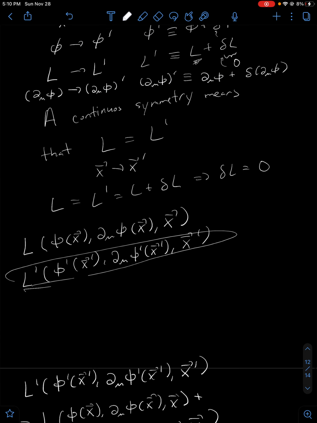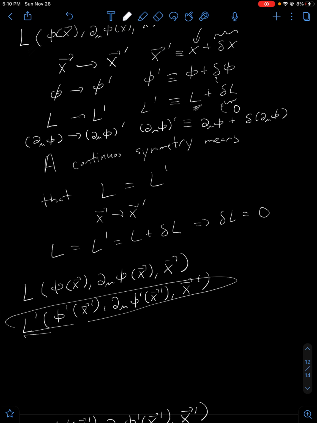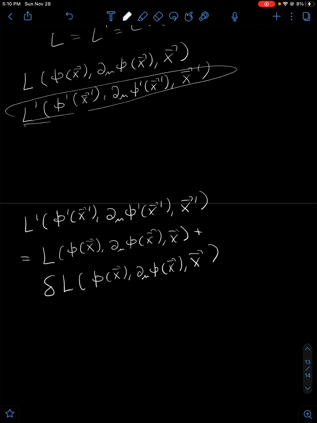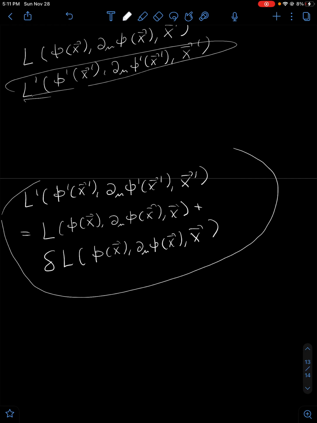Okay, so we're just writing what we just wrote over here in more explicit terms, because remember, this Lagrangian is a function of all of these things.